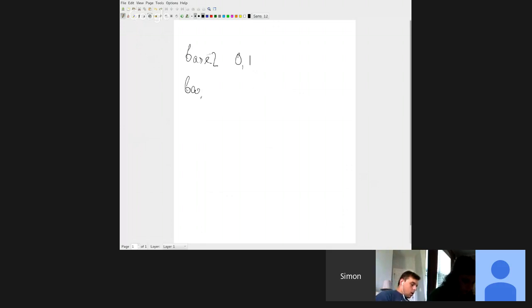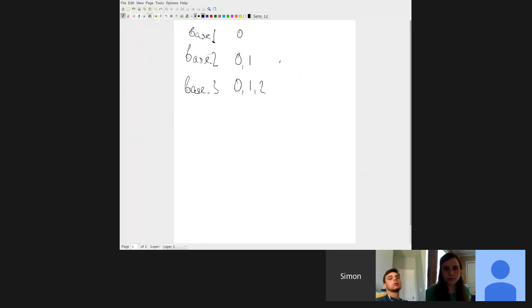A number system with base 3 would give us digits 0, 1, and 2. So what will be a number system with base 1? What kind of digits will we have in this case? By extending this idea, there will be the only digit, 0.